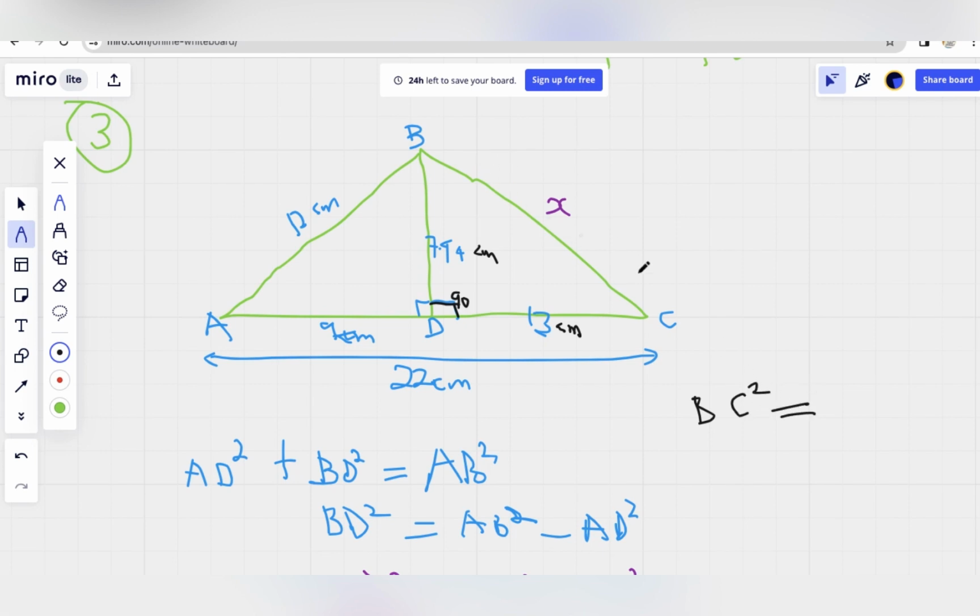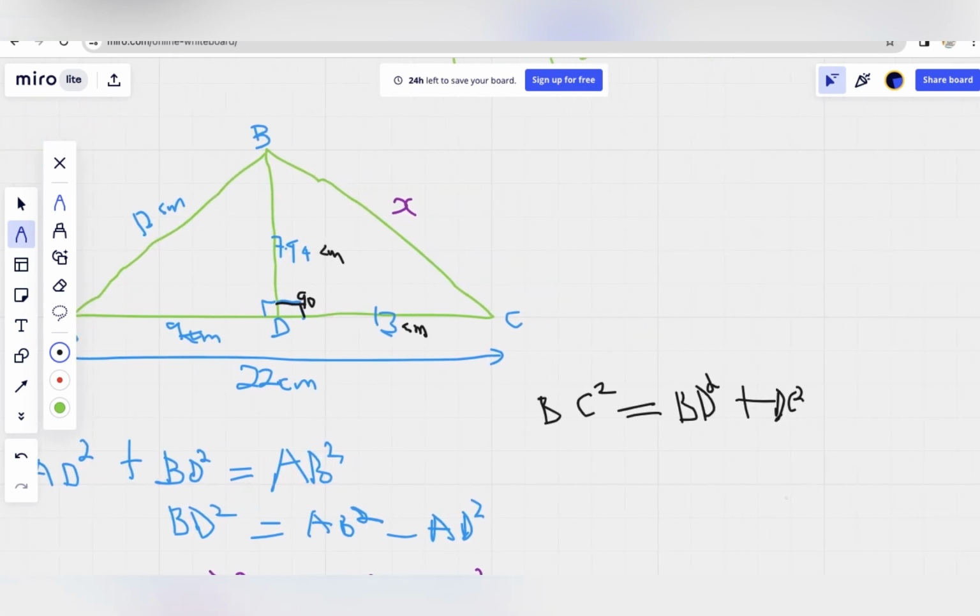So to find BC, which is X, you say BC square is equal to BD square plus DC square. Is that okay?